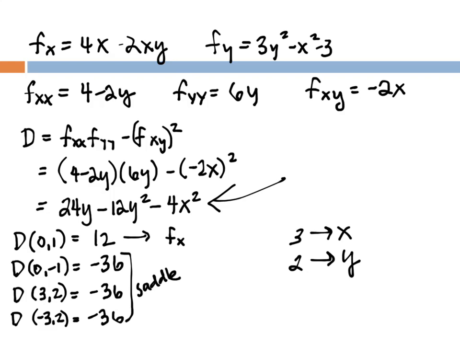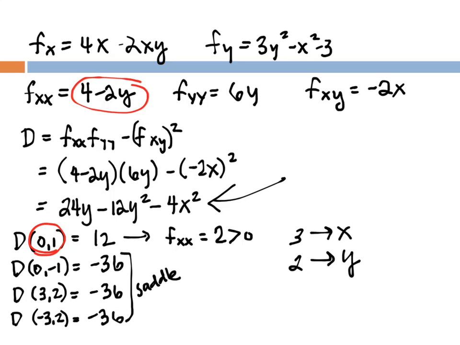You've got to look back at f sub xx. Okay, so f sub xx was up here. And that f sub xx has to be evaluated at the point 0, 1. So what will happen to f sub xx? We get a 2, which is positive. So a positive would actually mean it opens up.